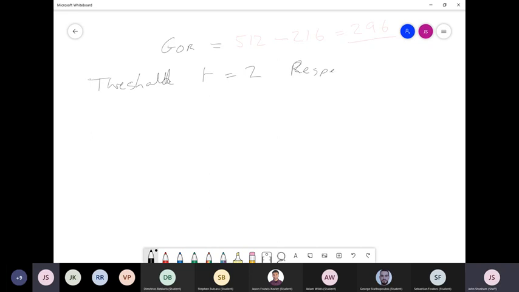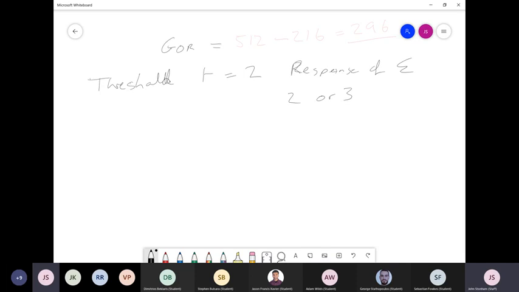the response of the summation in the model is going to be 2 or 3. If it's 1, it's below the threshold of 2 and no response.